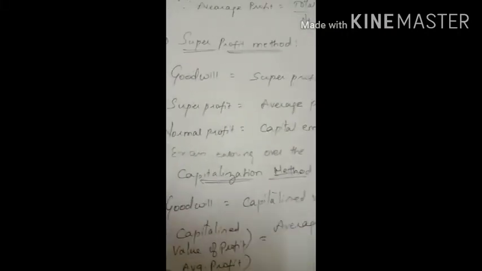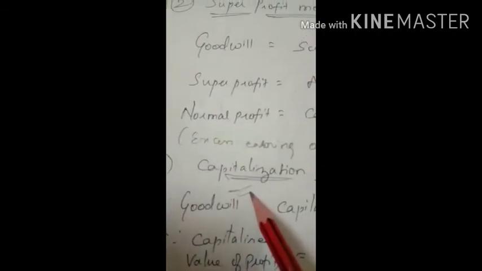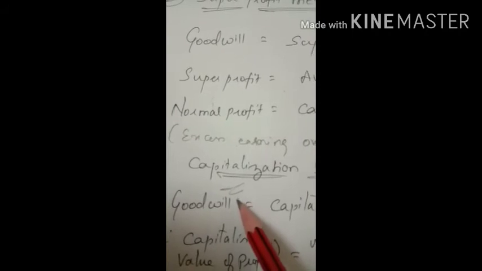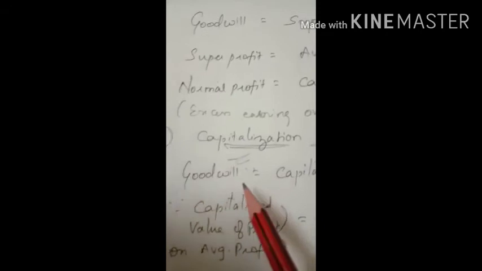The next we have is the capitalization method. In this method, we have to value the goodwill. Goodwill is equal to capitalized value of profit minus net tangible asset. So here we have the term capitalization. Based on the money that is being used as capital, we are going to find the value of goodwill.